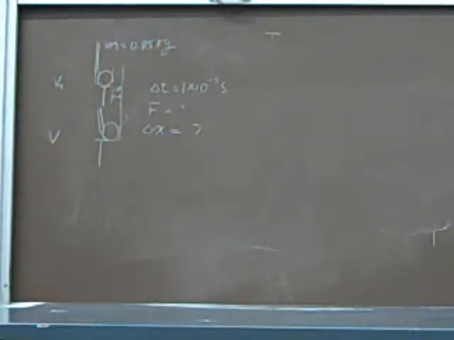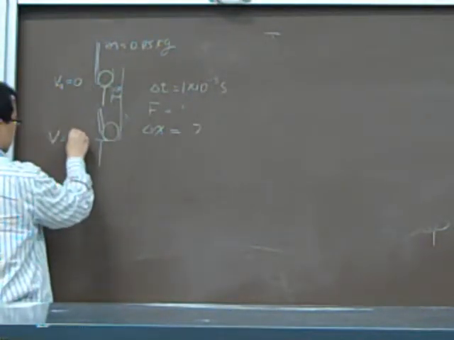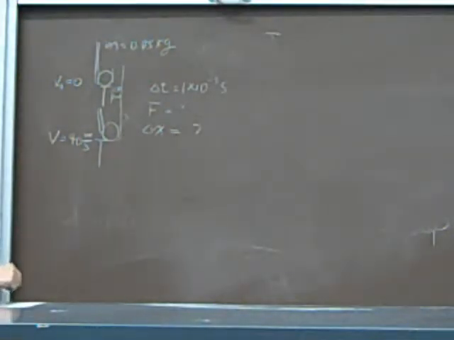What is our initial speed? 0. What is our final speed? 40. Please note this is the final speed for this process. If you are thinking about projectile motion, that's the initial speed for the projectile motion.